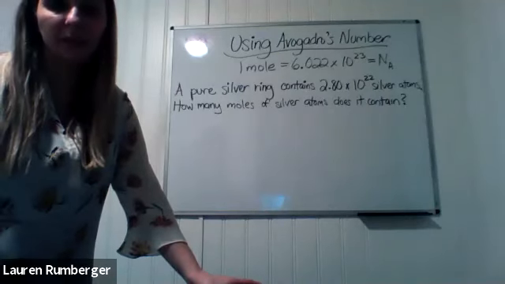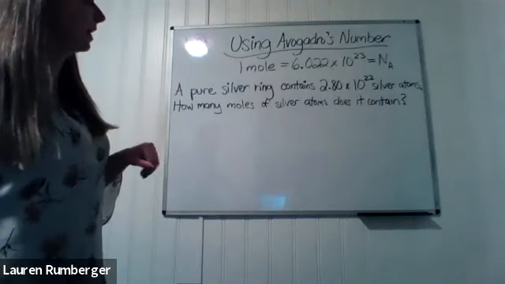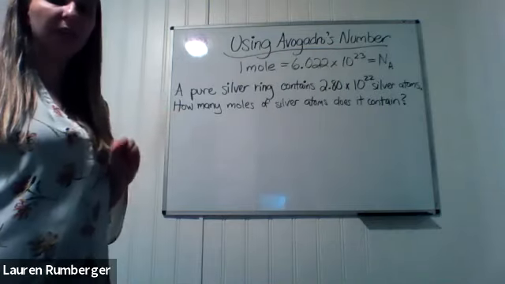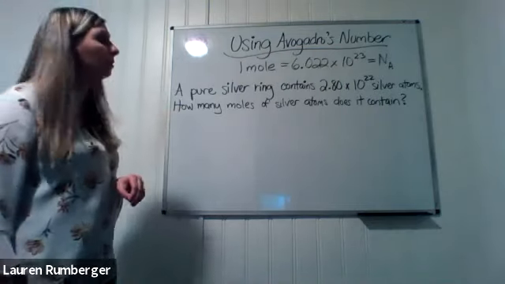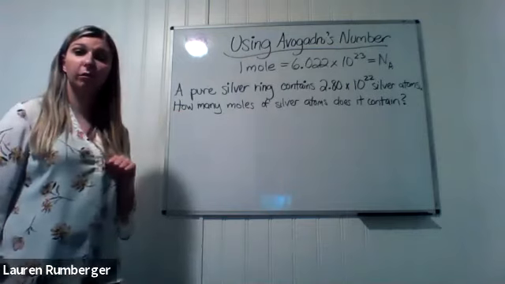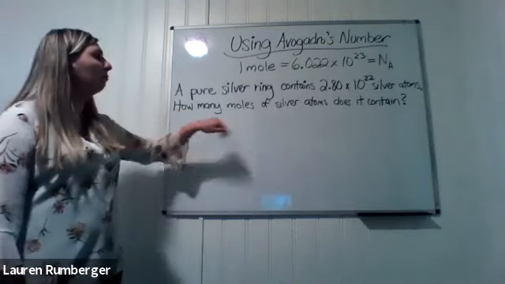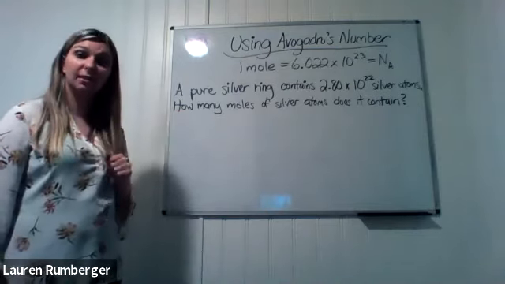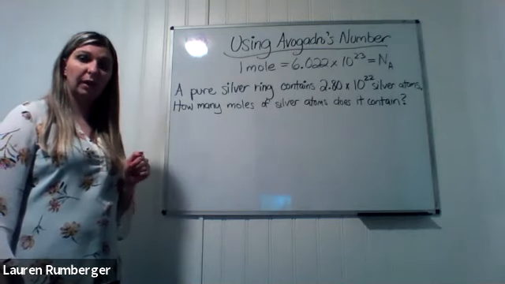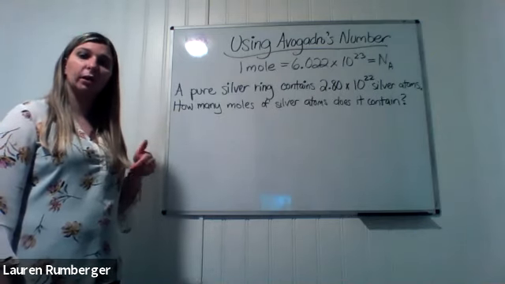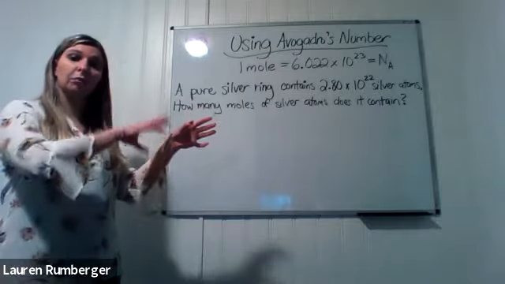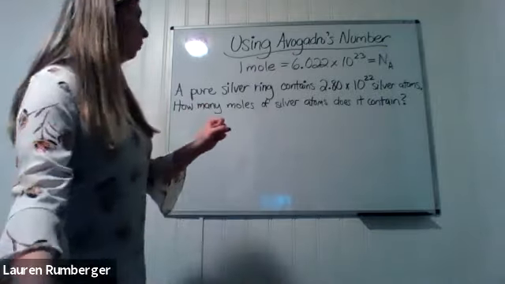This next problem states a pure silver ring contains 2.80 times 10 to the 22nd silver atoms. How many moles of silver atoms does it contain? So now in this problem, we're going to go from the number of atoms and convert it to the moles, okay?